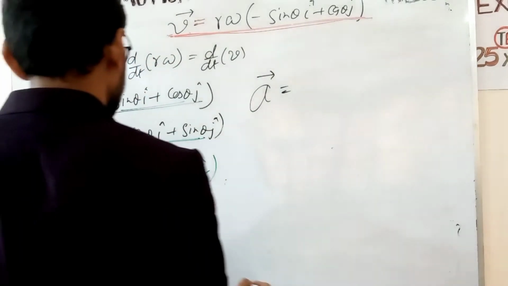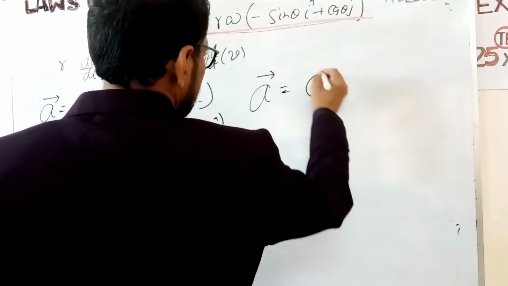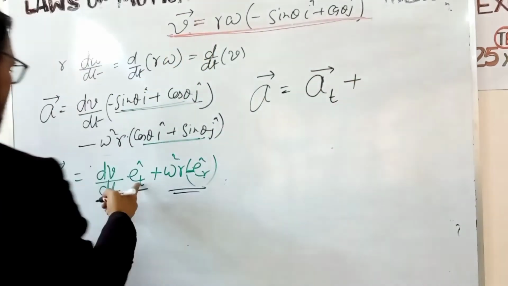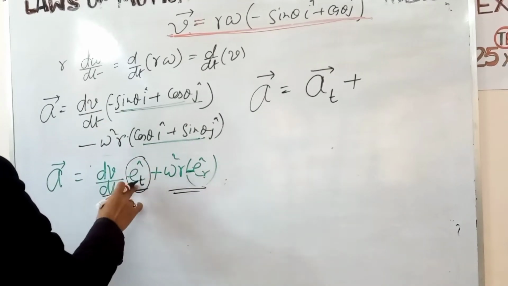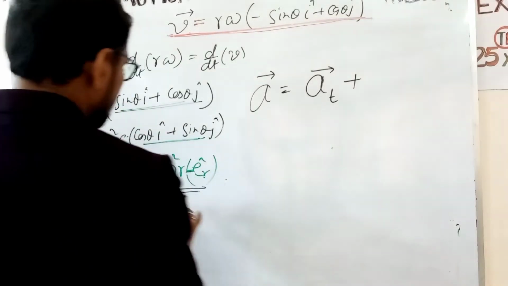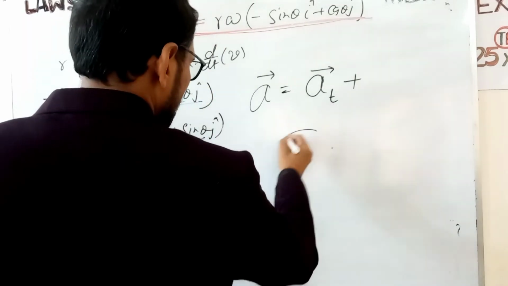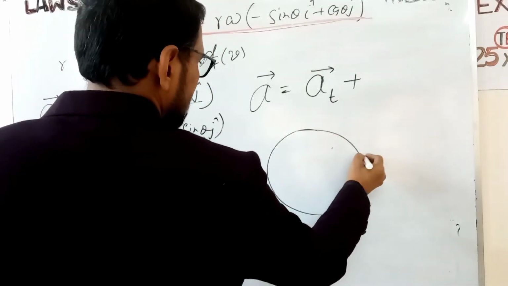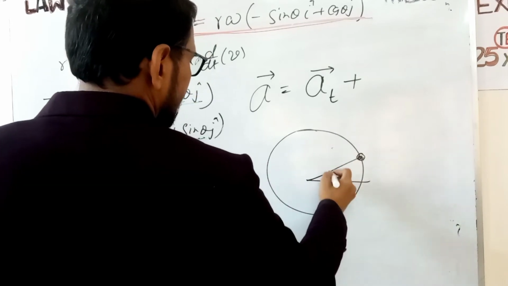So this is called tangential acceleration, at, because it has a direction along the tangent. So this we call tangential acceleration, and this is minus er. What is the direction of minus er? The body is rotating in this direction, and the particle is here at an angle theta.